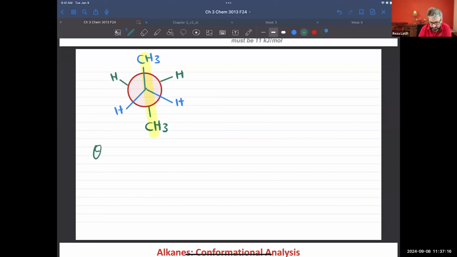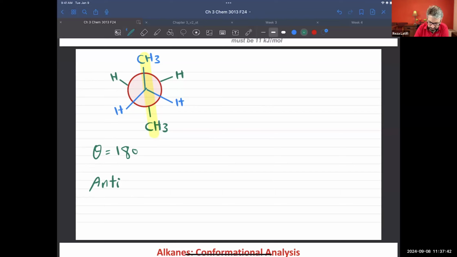So we say theta, the dihedral angle, is around 180 degrees, and the name for this structure is anti. The anti conformation for butane is whenever the dihedral between 2 methyl groups is 180 degrees. Why 2 methyl groups? Because those are the bulkiest groups.